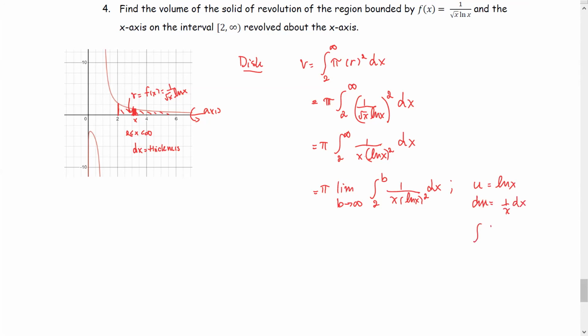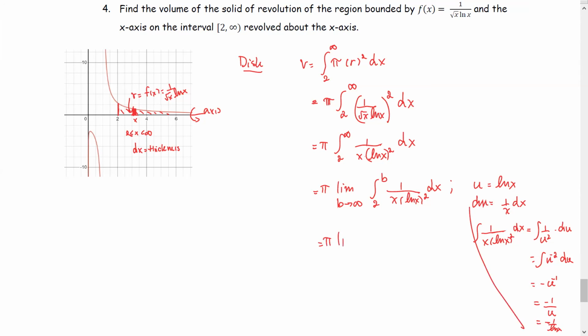The integral of 1 over x times log x squared with respect to x equals the integral of 1 over u squared du, or the integral of u to the negative second with respect to u. The antiderivative will be negative u to the negative first, which is negative 1 over u, where u is natural log x.